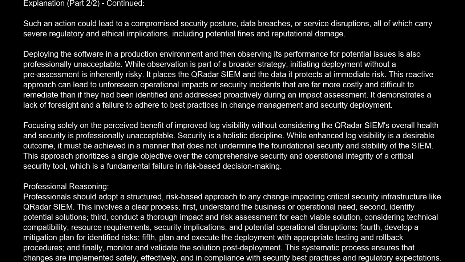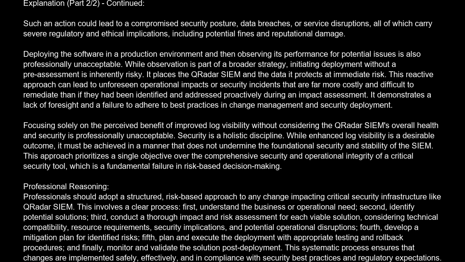Professional reasoning. Professionals should adopt a structured, risk-based approach to any change impacting critical security infrastructure like QRadar SIEM. This involves a clear process. First, understand the business or operational need. Second, identify potential solutions. Third, conduct a thorough impact and risk assessment for each viable solution, considering technical compatibility, resource requirements, security implications, and potential operational disruptions.